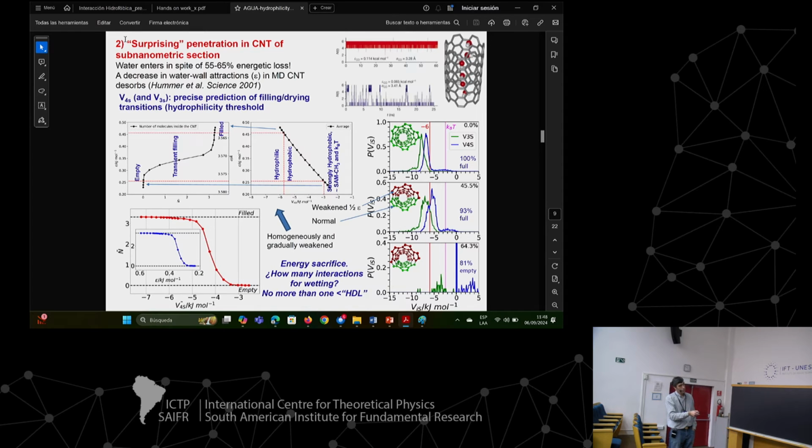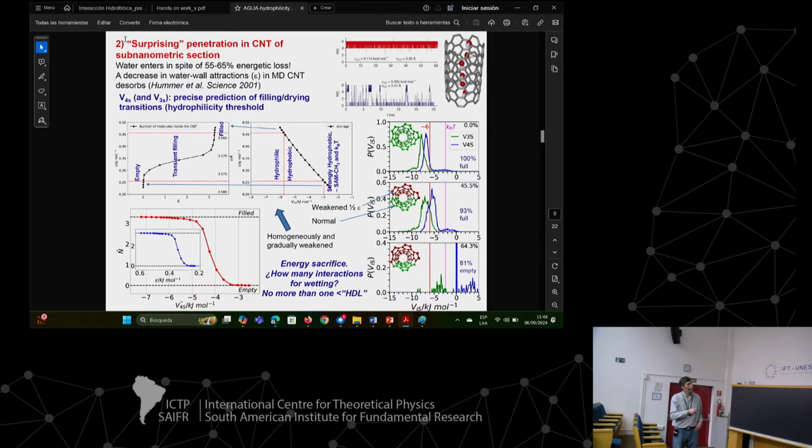And when you go to this case, you have very poor statistics here, since 81% of the time it's empty. It's most of the time empty. And what you see is that both of them have crossed the threshold. So the question is, what do you need to wet? How much interaction does water need in order to wet?